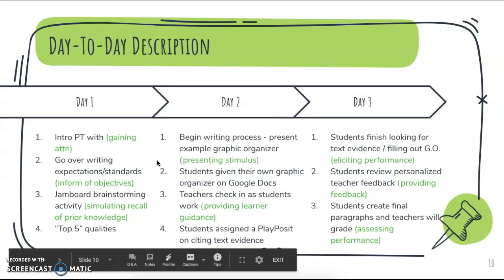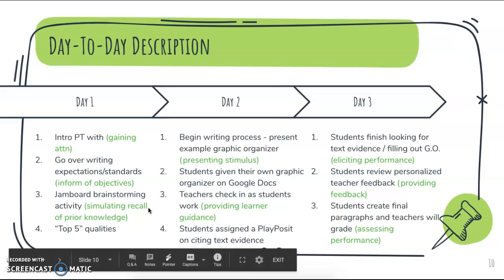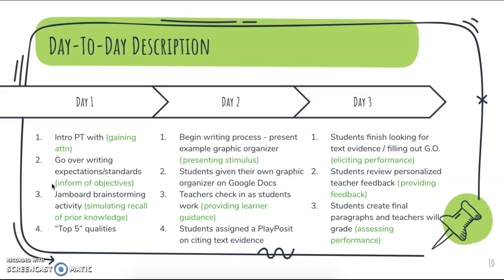So our day-to-day description: the first day is our introduction day, where we are going to introduce the performance task, which is what PT means. We're going to go over the objectives, but they'll be in kid-friendly language. And then we're going to do our fun Jamboard brainstorming activity, which is going to really stimulate the recall of background knowledge.